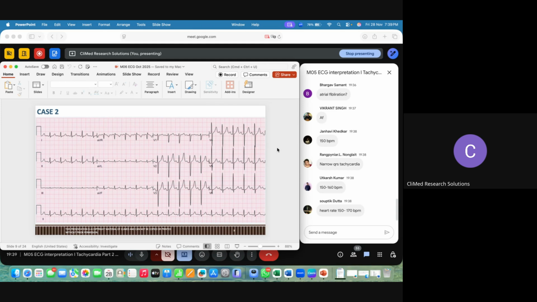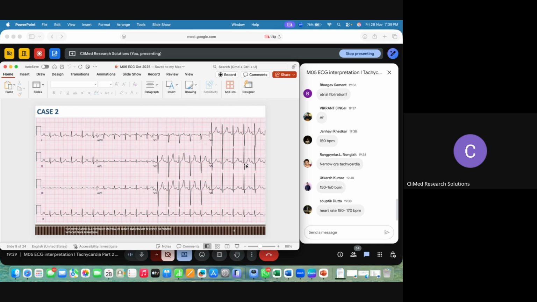And this ECG is perfectly normal. There is no AF, there is no absent P wave, there is no irregularity. There is a normal PR interval, normal RR interval, normal P waves, regular rhythm. Yes, narrow QRS complex is there, heart rate is high.